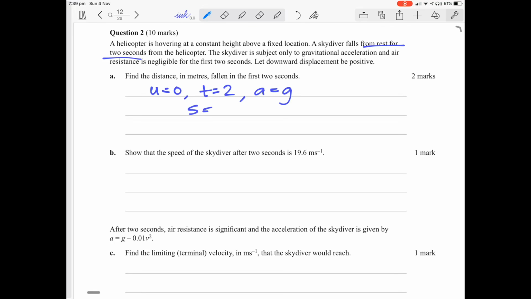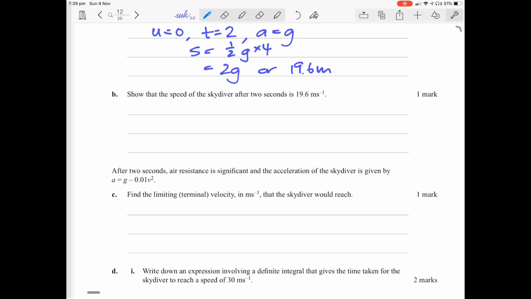So S equals UT, 0, plus a half AT squared, a half G times 4. So 2G, or 19.6 meters. Show that the speed for the skydiver after 2 seconds: U is 0, T is 2, A is G, 9.8.